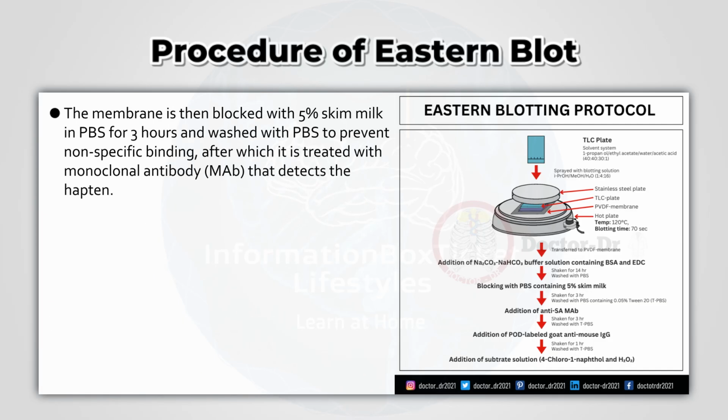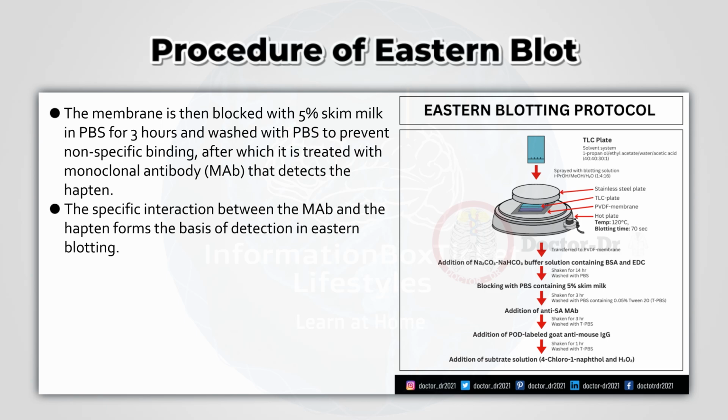The membrane is then blocked with 5% skim milk in PBS for 3 hours and washed with PBS to prevent nonspecific binding, after which it is treated with monoclonal antibody, MAB, that detects the hapten. The specific interaction between the MAB and the hapten forms the basis of detection in Eastern blotting.